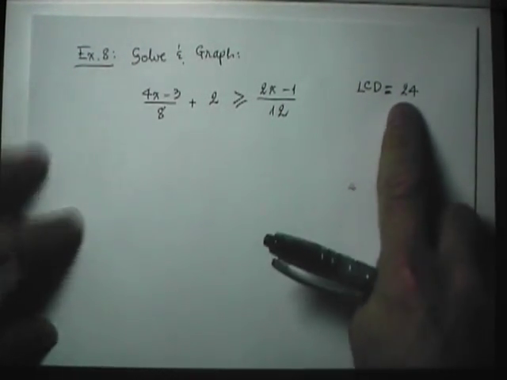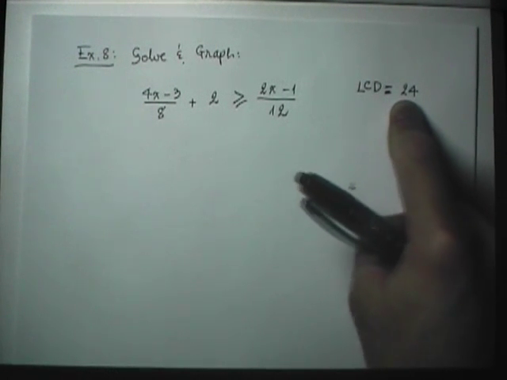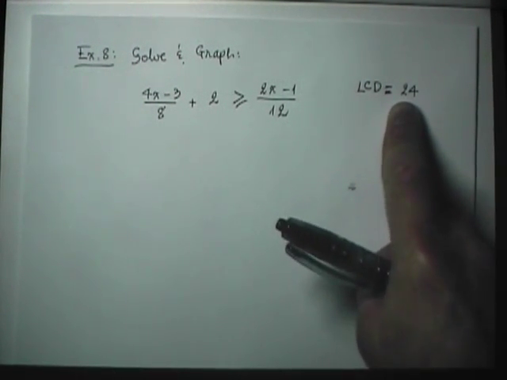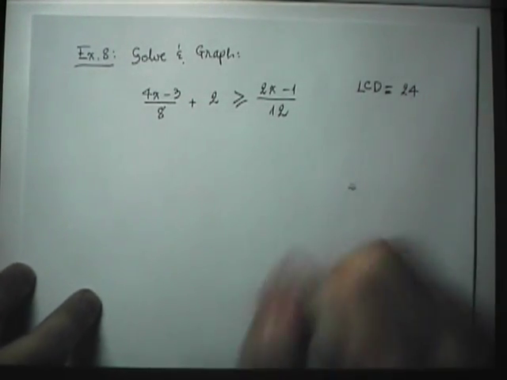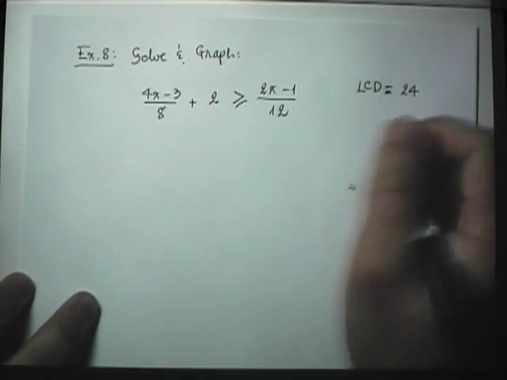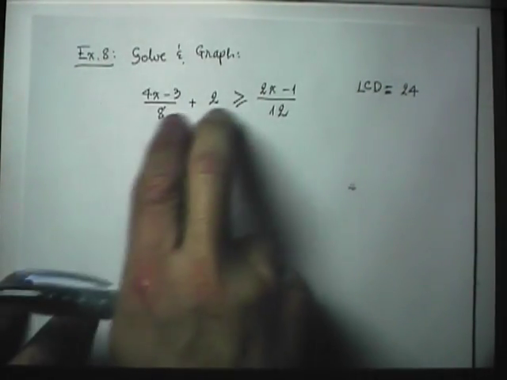And if you're surprised how I found 24 to be the LCD, make sure you check out my other videos for learning how to find the LCD. But once you've found the LCD, you need to multiply the LCD to both sides of the inequality, and technically that would distribute to every single term.